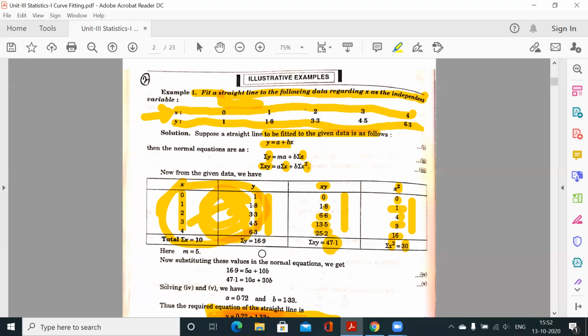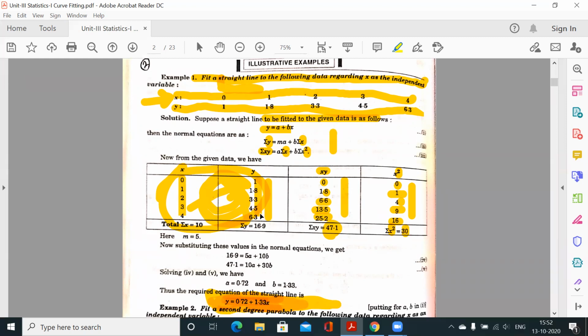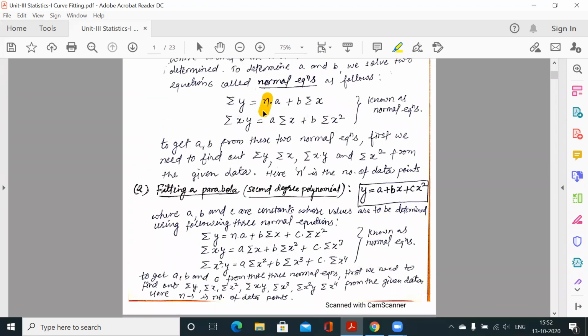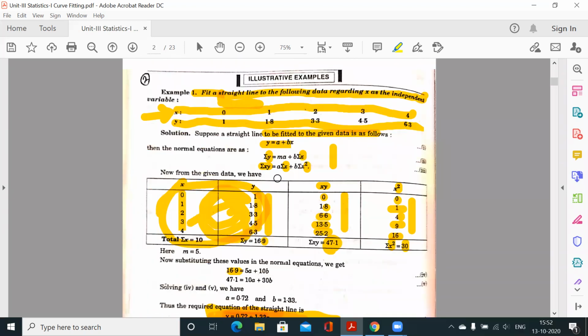Now we have to substitute these summations in the normal equations. Summation y, 16.9, is equal to m a, where m is the number of data points. Like we have used n here, we can use n or m, it represents the number of data points.